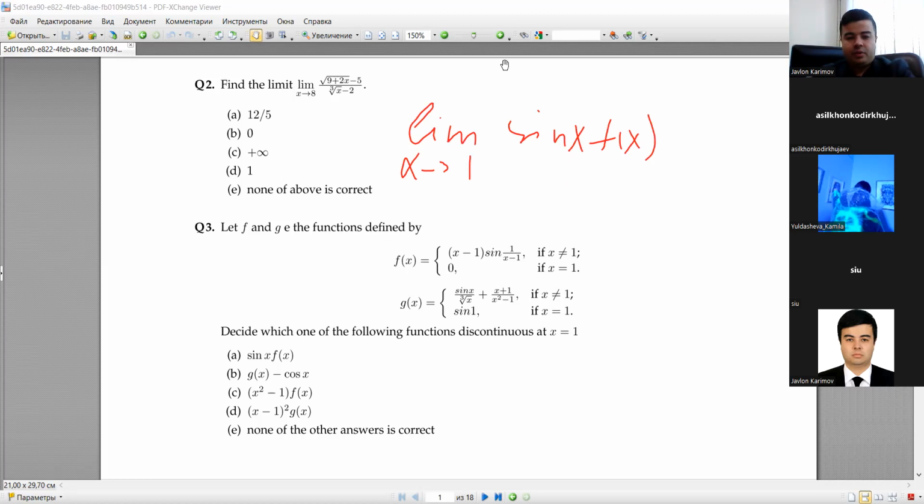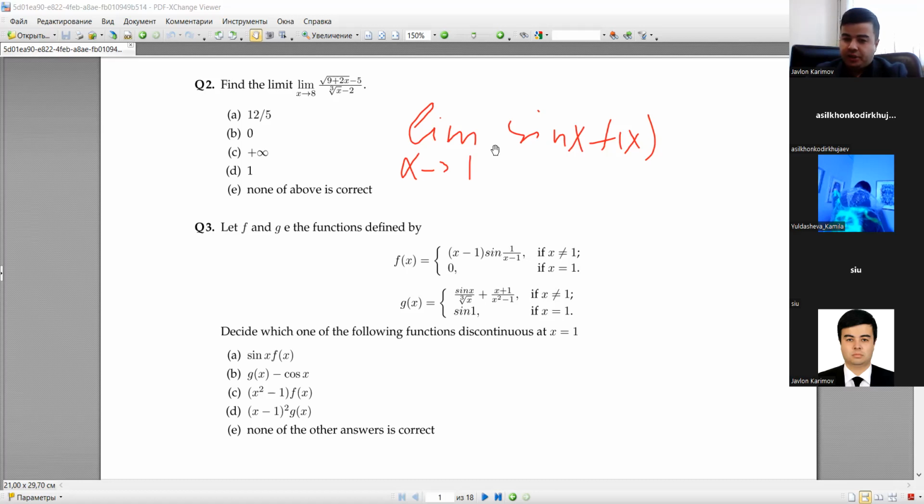You need to find here, is it continuous or discontinuous for the first way? Then we need to check next other ones also. So what will be here, continuous or discontinuous as x tends to 1?